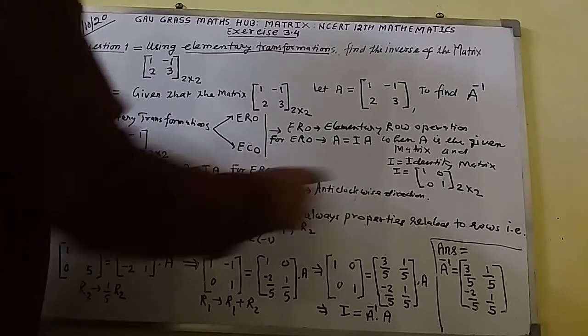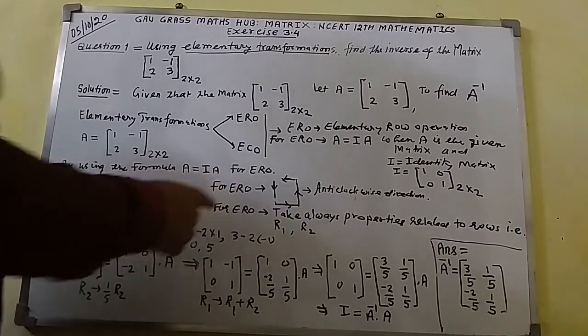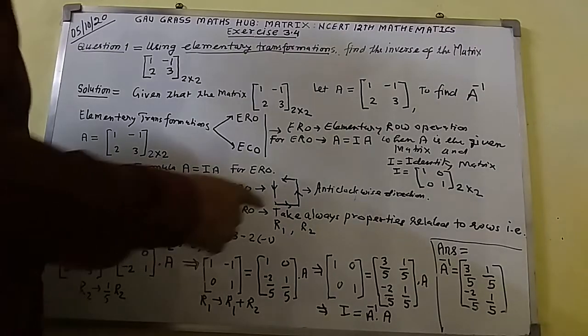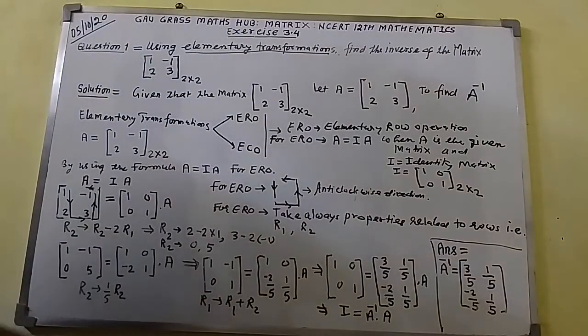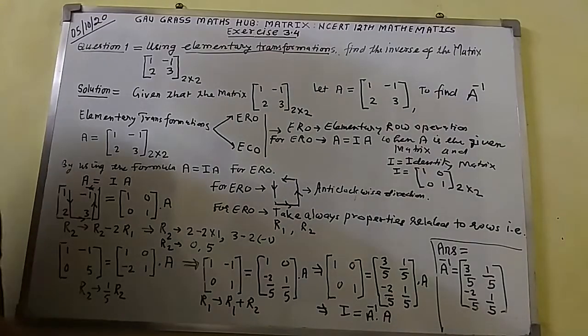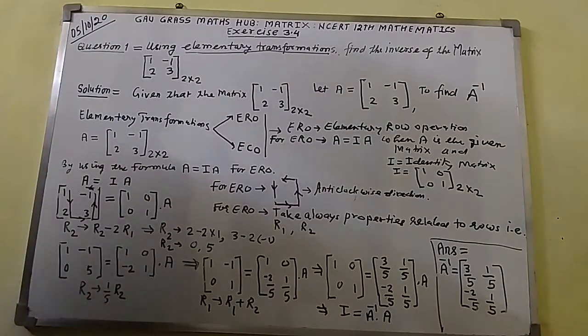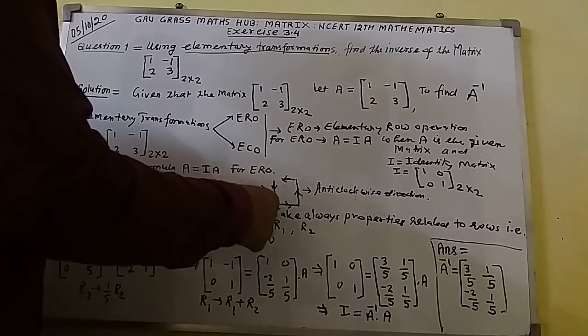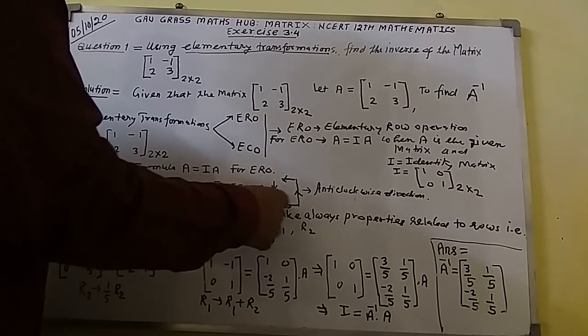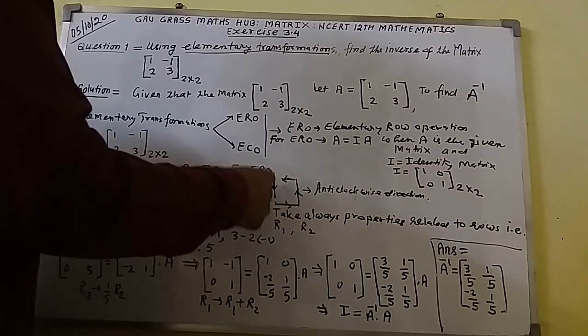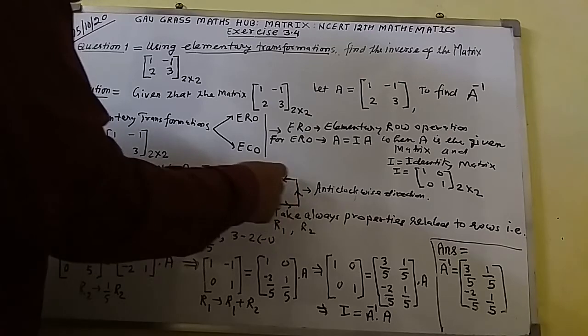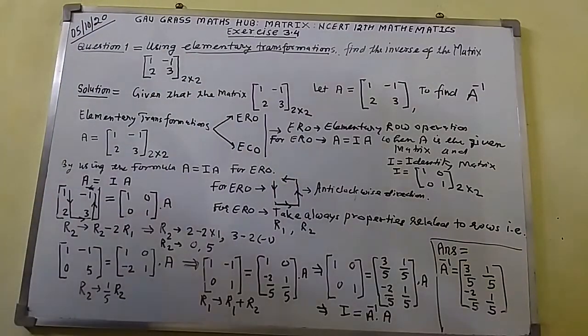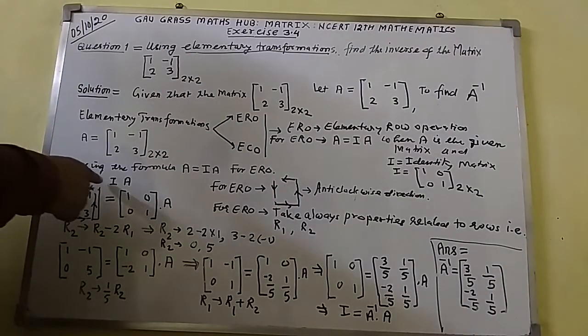So for elementary row operation, we shall proceed in anti-clockwise direction, from this place to this place, to this place. This is the anti-clockwise direction. So here I have written the formula A equal to IA.